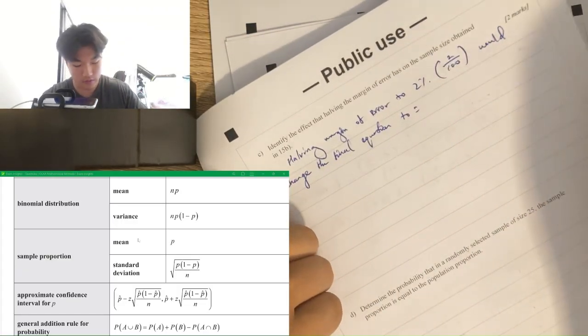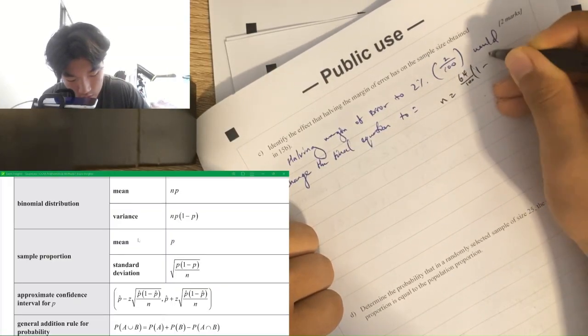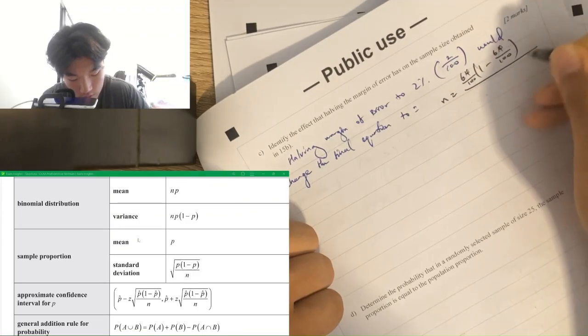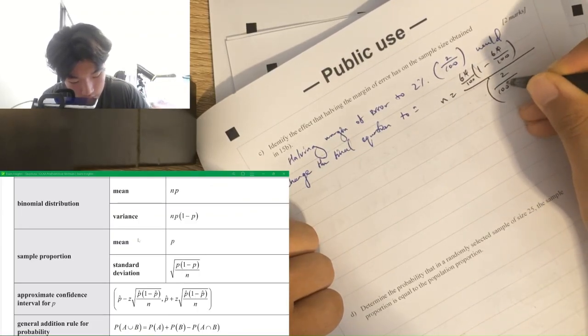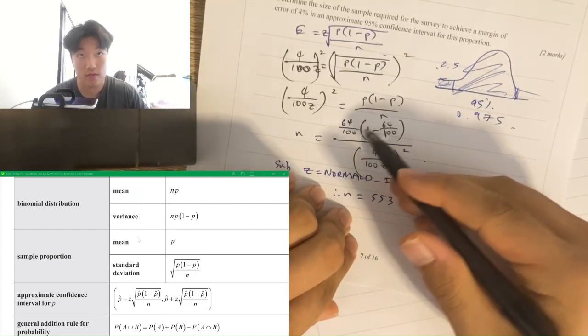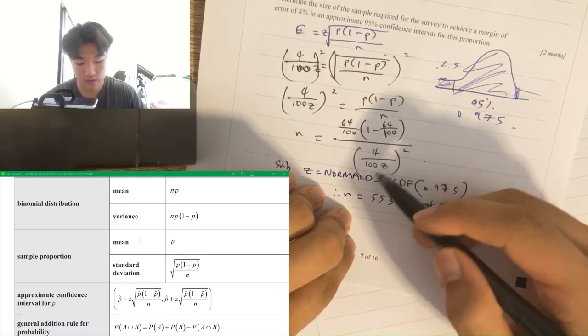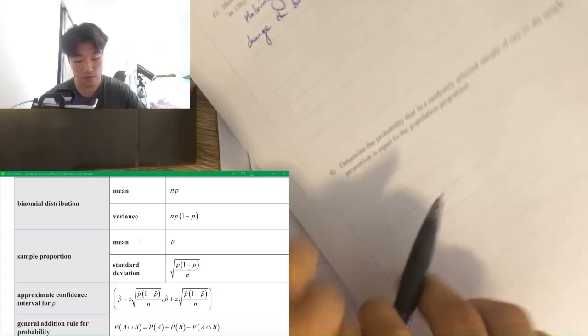Final equation to n equals 64 over 100, brackets 2 over 100, 64 over 100 times 1 minus 64 over 100, and then it's the e value divided by z, all squared.